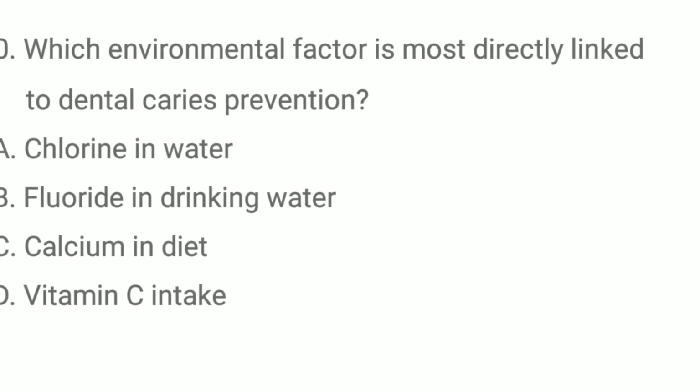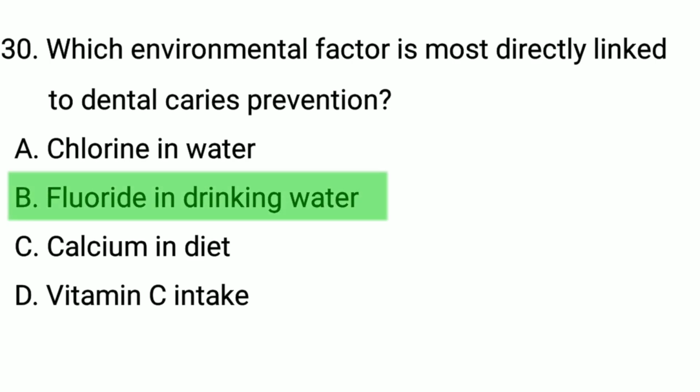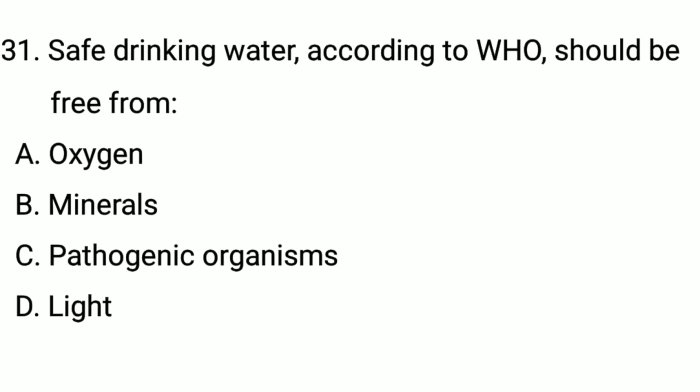Question number 30. Which environmental factor is most directly linked to dental caries prevention? The right option is option B, fluoride in drinking water. Question number 31. Safe drinking water according to WHO should be free from?